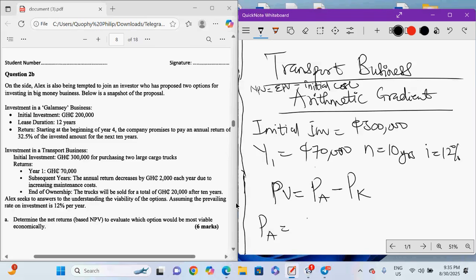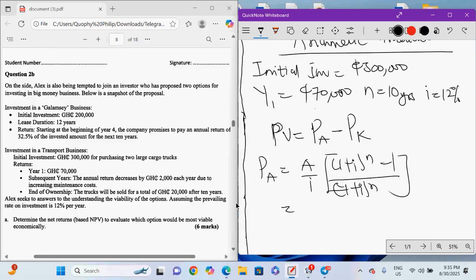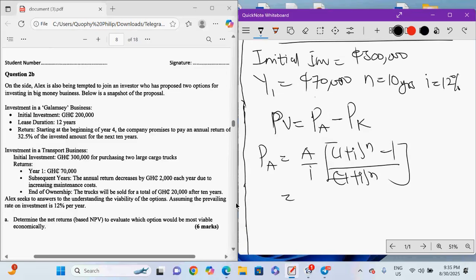Okay, so what is the present value of the annuity? The present value of the annuity is A over i, times the bracket 1 plus i to the n minus 1, all over 1 plus i to the n. So what is the payment? It's starting from 70,000, right?